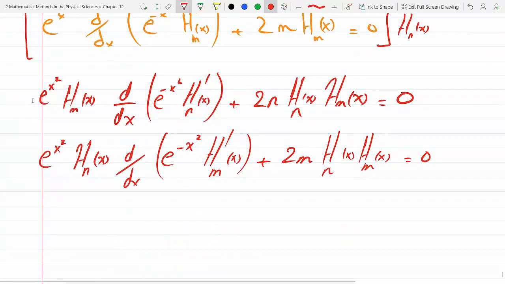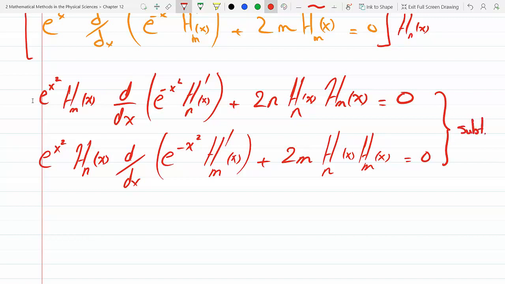And now I'm gonna subtract these two equations from each other, and I'm gonna simplify the algebra as well. So from here, when I subtract, I'm gonna have e to the x squared as a common factor, right?